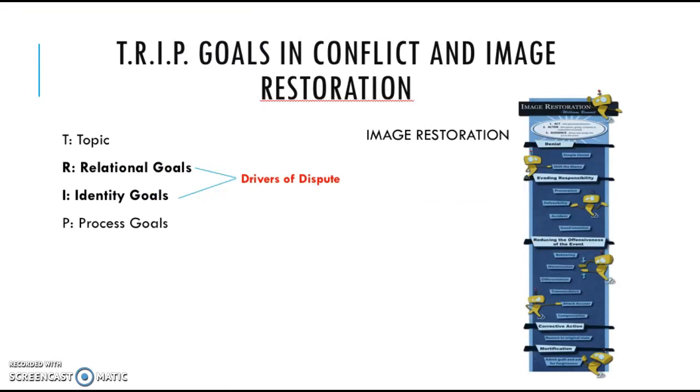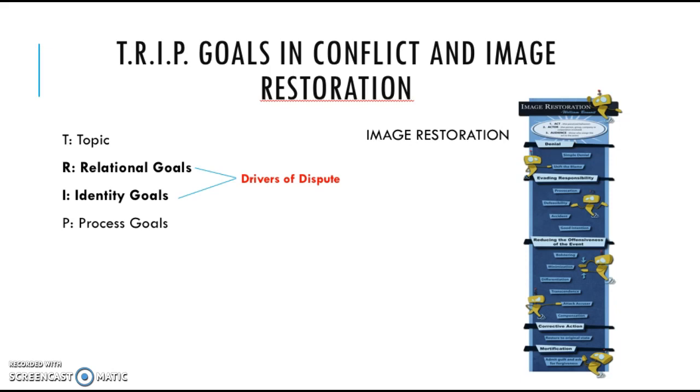So this week you're going to be learning about the TRIP goals, like I mentioned earlier, which stands for Topic, Relational, Identity, and Process Goals. And the relational and the identity are the two drivers of dispute and conflict. And you're going to be learning more about that this week. And then also image restoration, and you'll be able to see this screenshot.